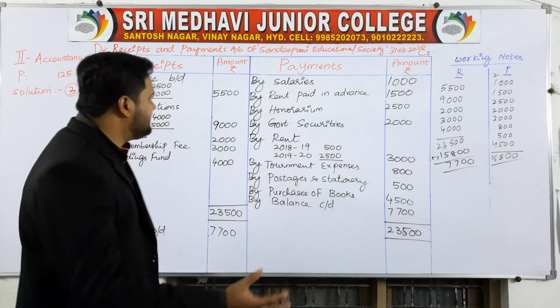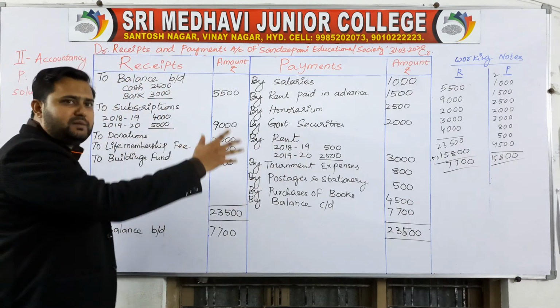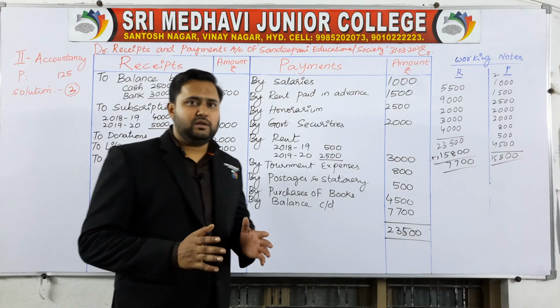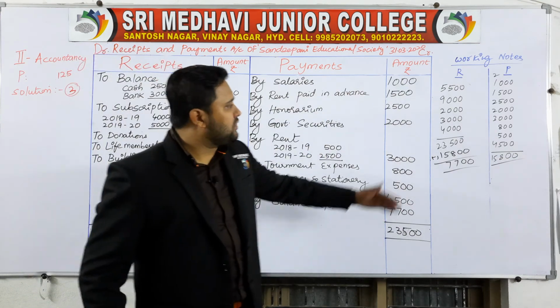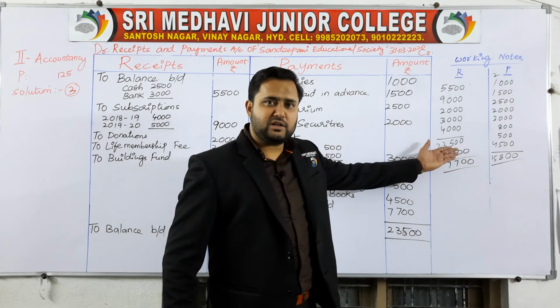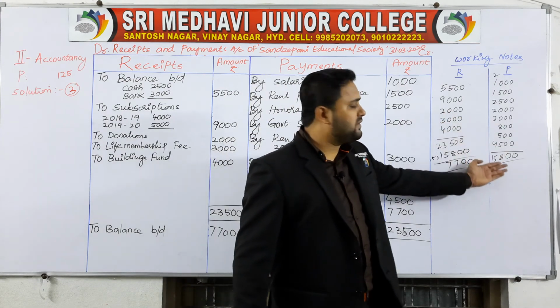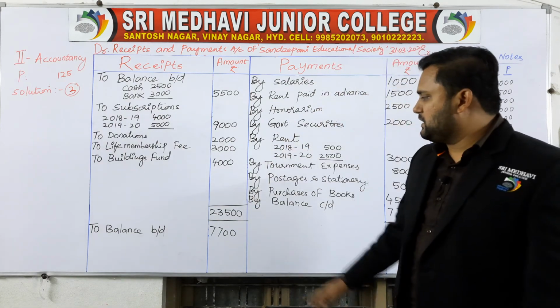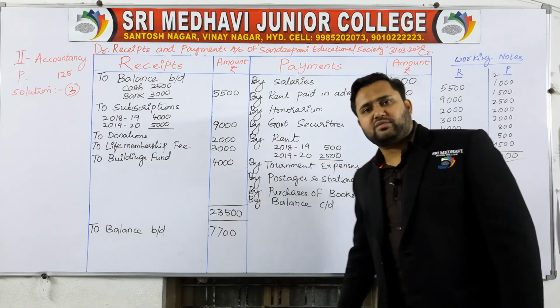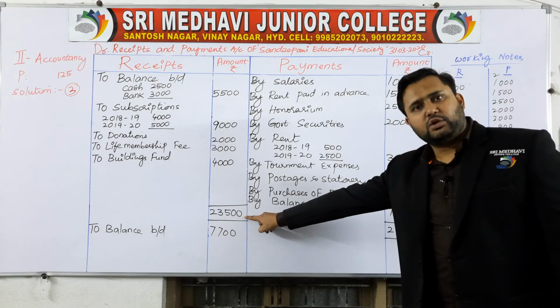After posting the details of receipts and payments, go for the total of receipts and total of payments. The total of receipts is 23,500 rupees and the total of payments is 15,800. Which one is the highest value? The receipt side, 23,500 rupees. Write 23,500 on both sides.